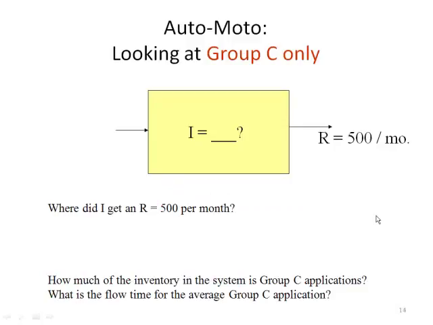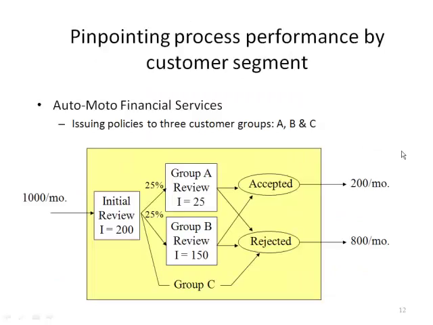The first question I have is, how did I get this following process diagram? In this case, I have the box like I had before, but now I have a flow rate of 500 per month if I'm looking at the Group C's only. Where did I get that from? Well, if I go back to the original diagram, I said 1,000 come in per month.